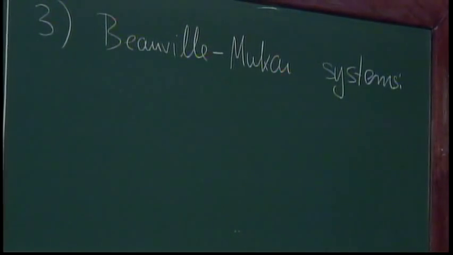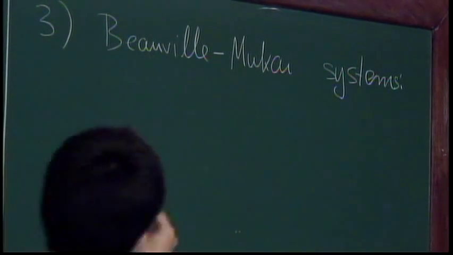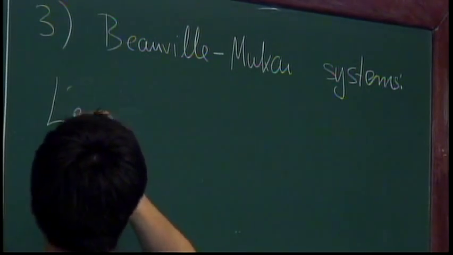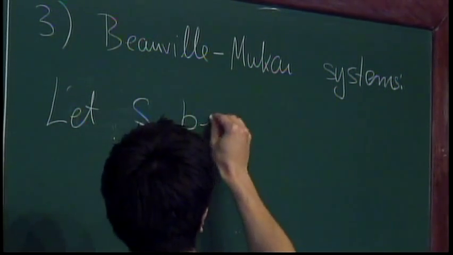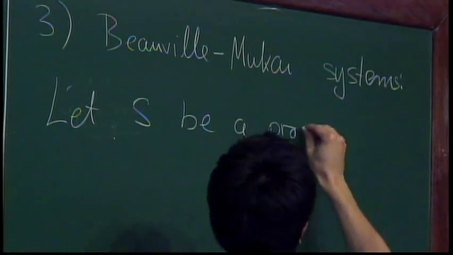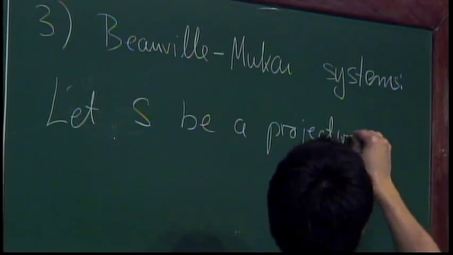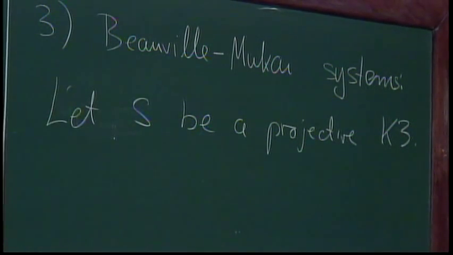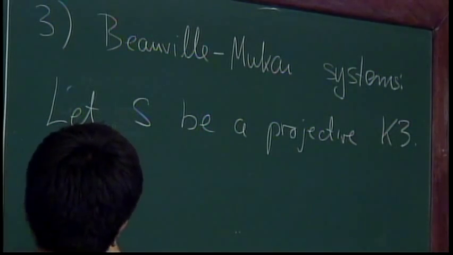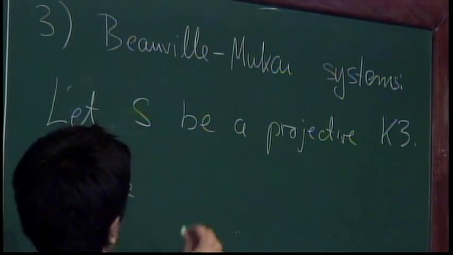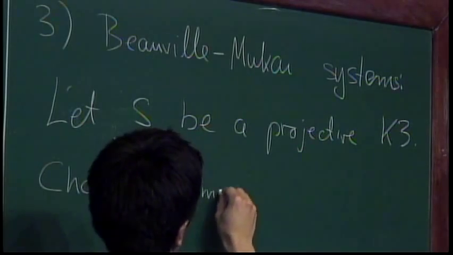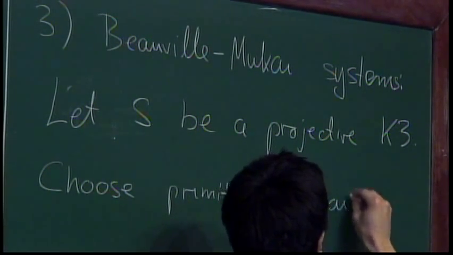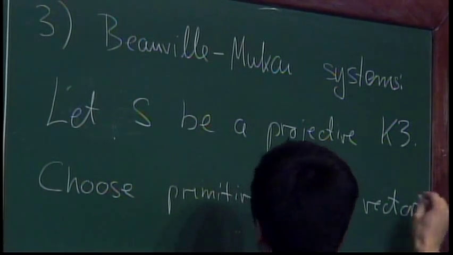And here we have to start with a projective K3 surface. So let S be a projective K3, but we don't need the fiber structure. And then we choose a primitive Mukai vector of the form.